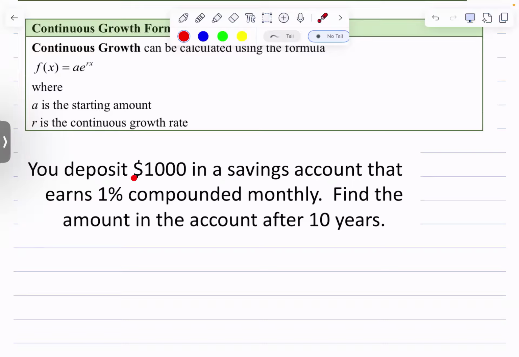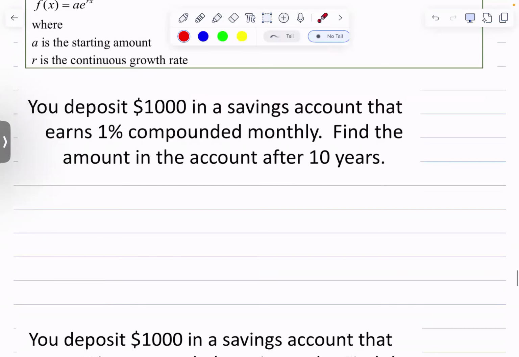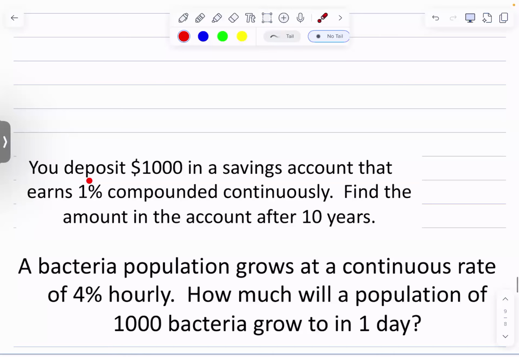To see that, we're going to do a problem where you deposit $1,000 in an account that earns 1% compounded monthly, and we want to find the amount in the account after 10 years. Versus the same $1,000 at the same 1%, but compounded continuously, and we want to find the amount after 10 years.